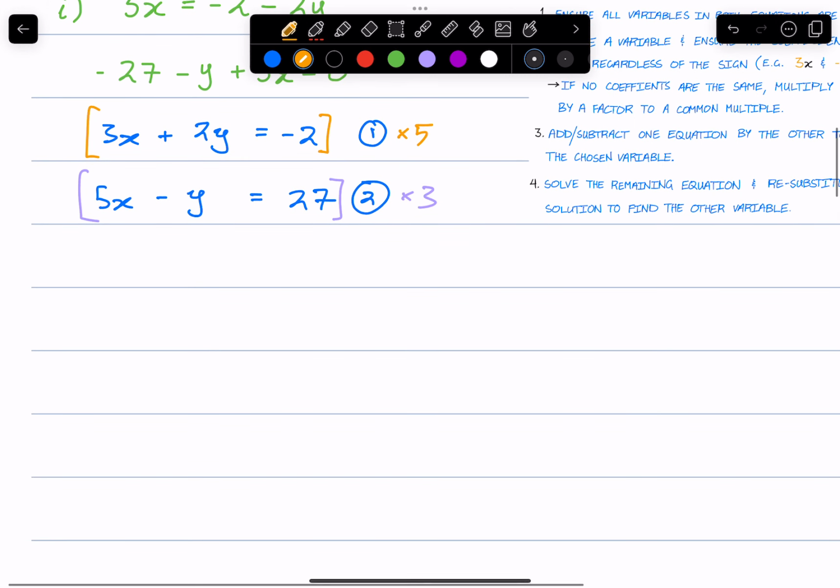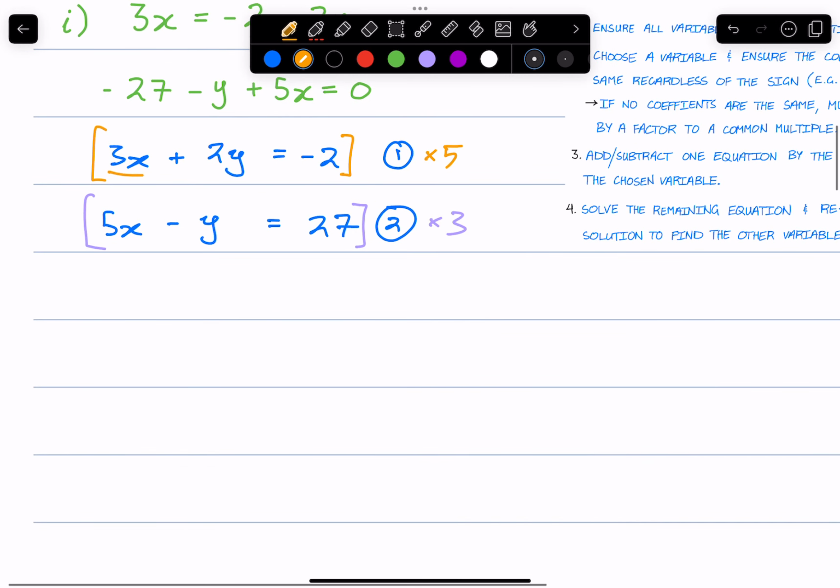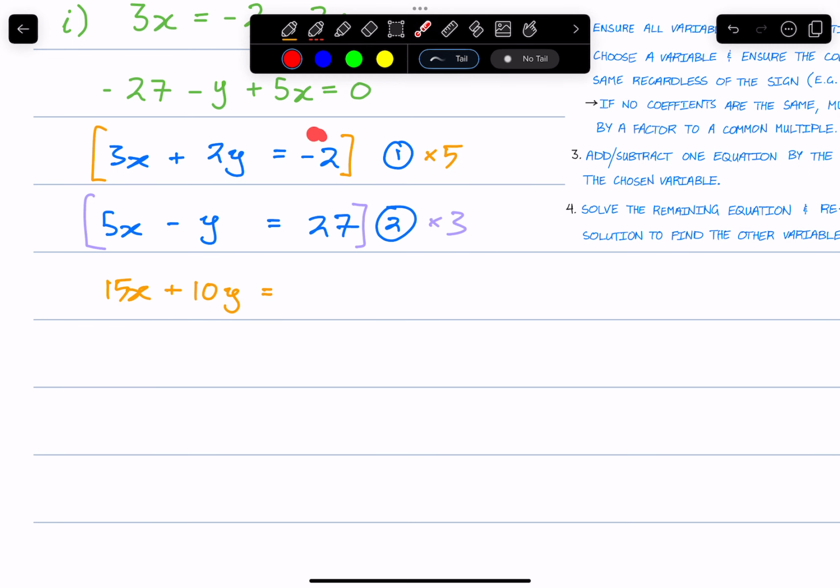So multiplying out the entire equation, 3x times 5 gives me 15x. 2y times 5 gives me 10y, equaling negative 2 times 5 gives me negative 10. That's done for equation 1.